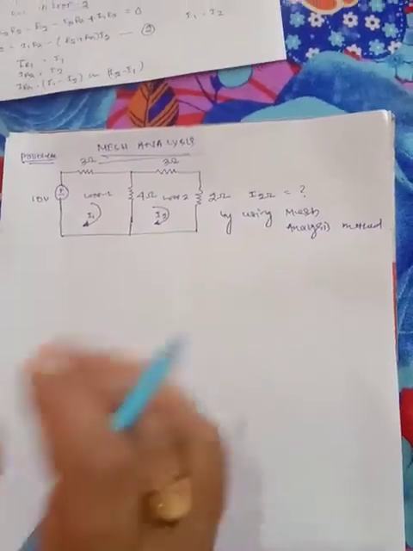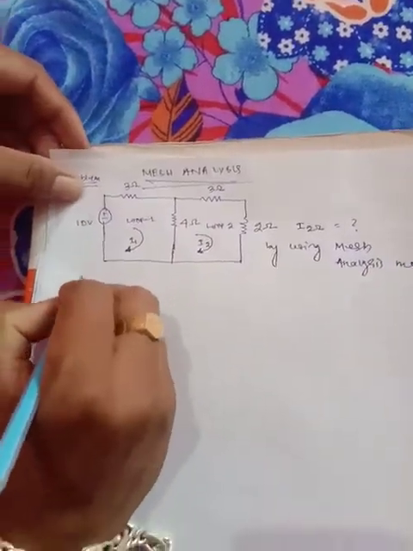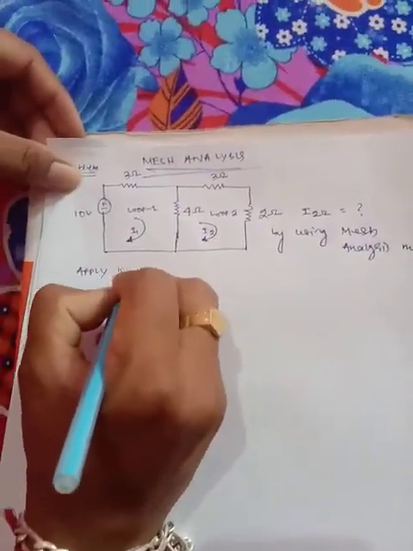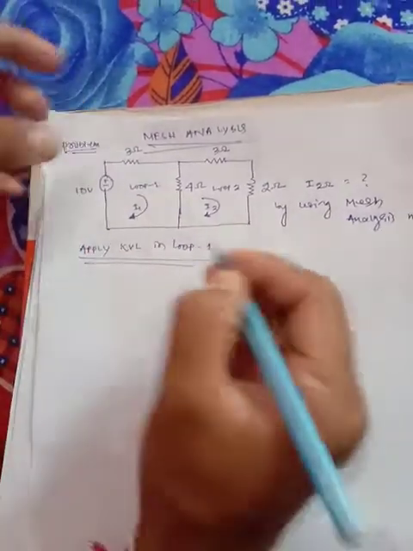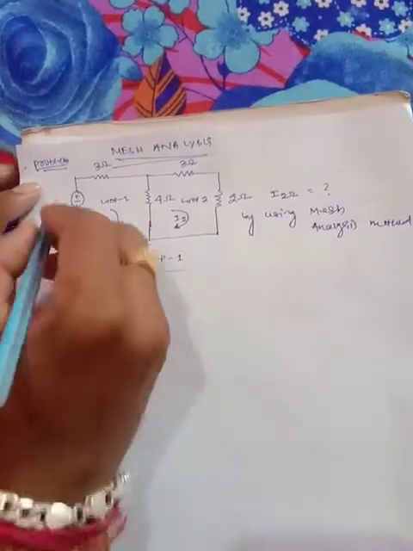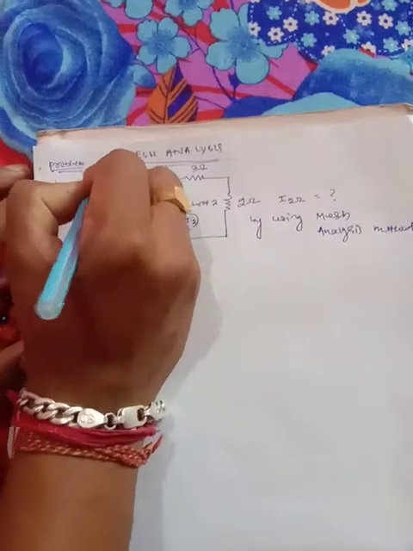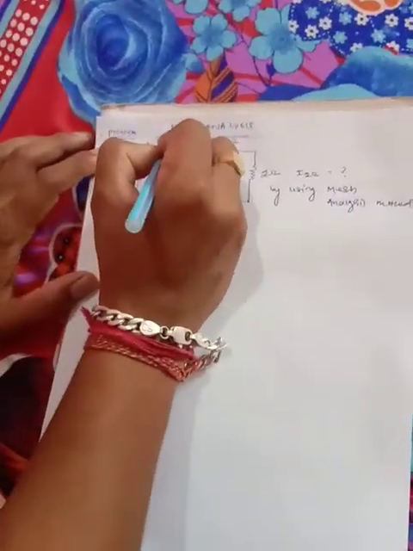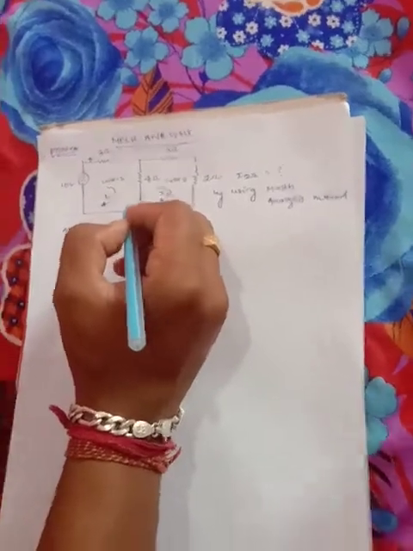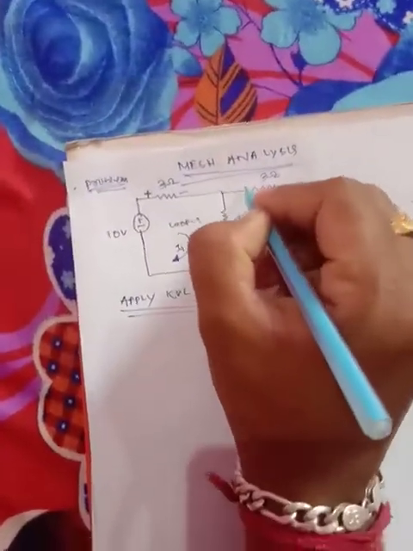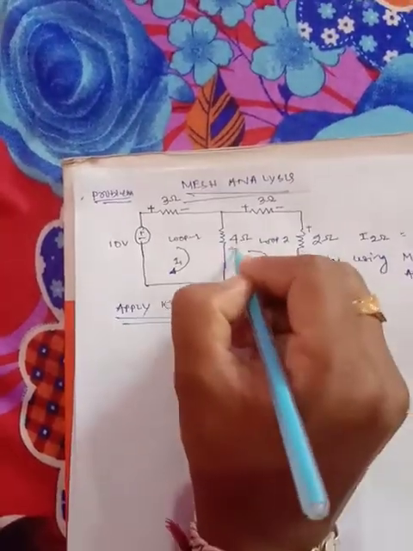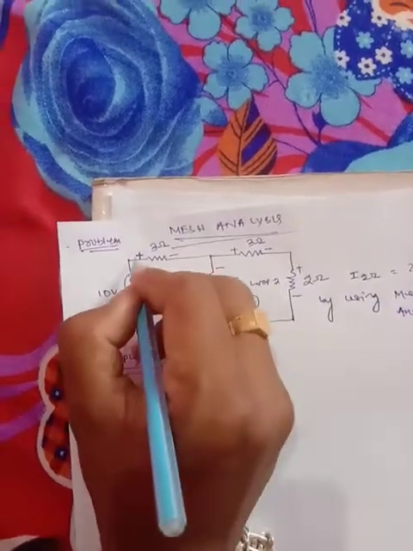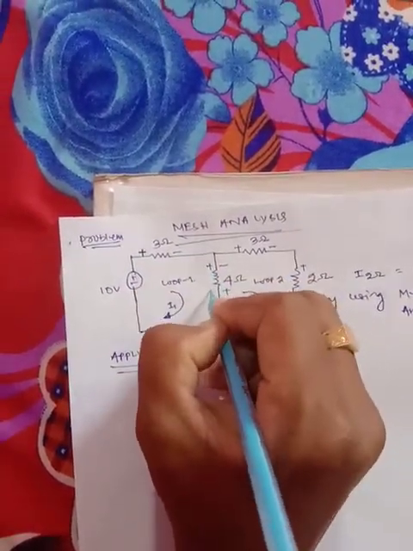So apply KVL in loop 1. Let me mention polarity, that is positive, negative, then positive, negative for loop 2, and loop 1 positive, negative.